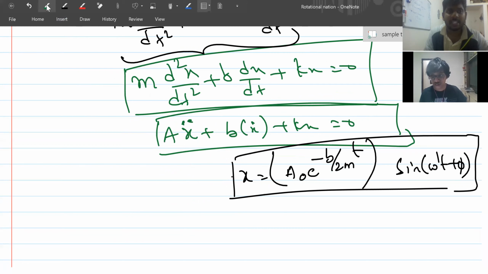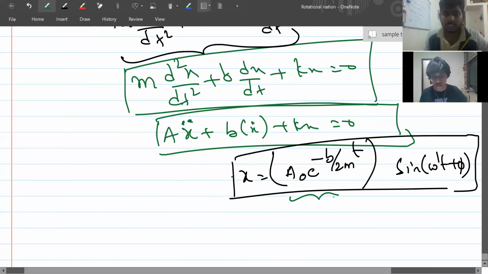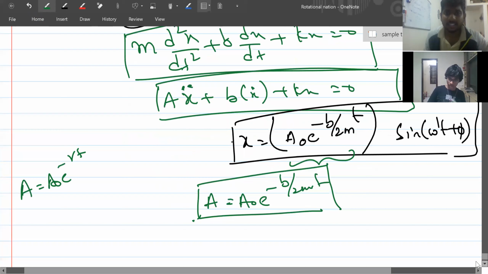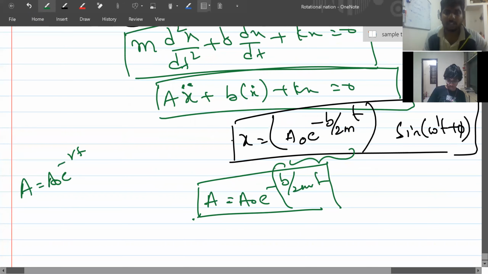In general we consider amplitude constant, but here the amplitude is A naught e power minus b by 2m into t. That means slowly, in damping I gave you A is equal to A naught into e power minus gamma t, right? Yes, sir. Instead of gamma, here we got b by 2m.